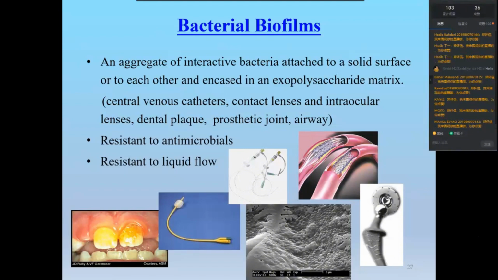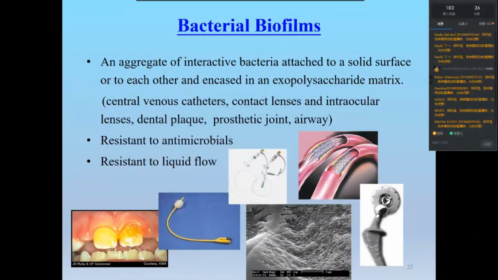The last one we'll talk about is bacterial biofilms. When we culture the bacteria in the lab, usually the bacteria will grow in single cell form. So they form a suspension or form a colony, but they are single cells.